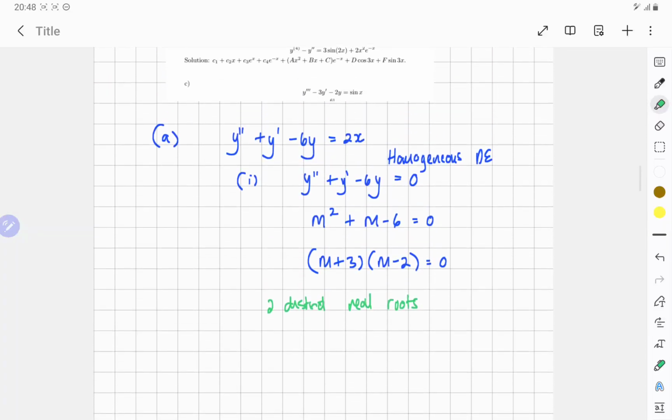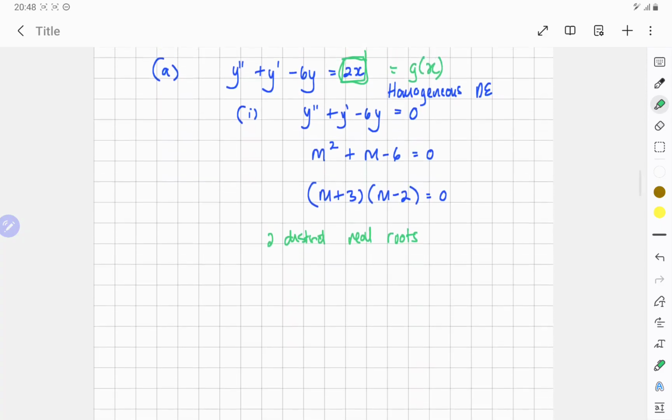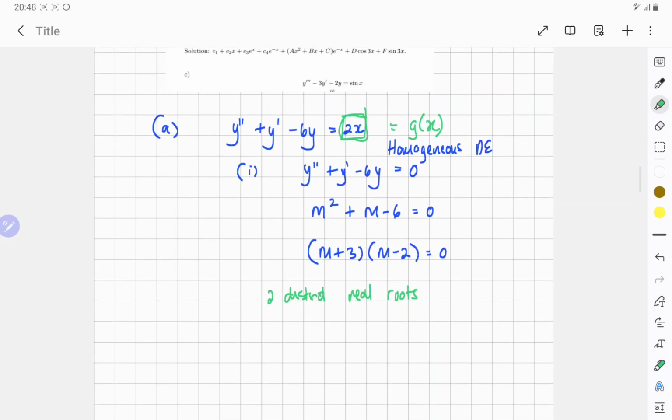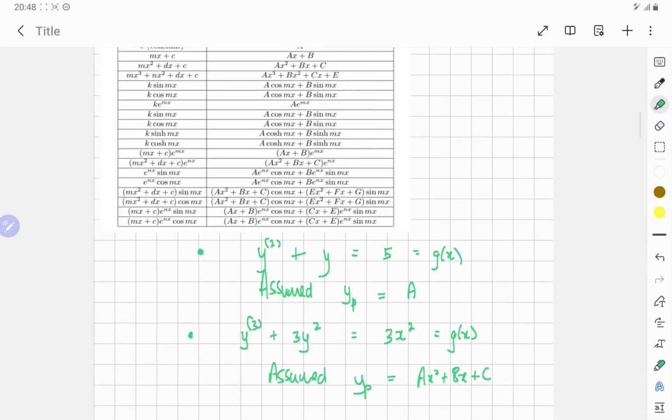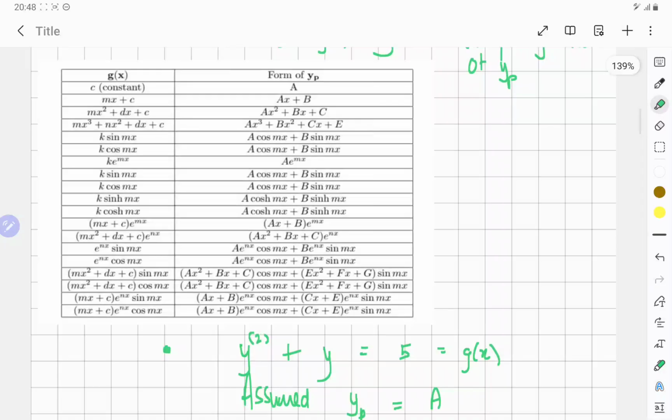Now you go back. So remember I said you look at the form of gx. What do you see here? Gx is a linear equation. Let's go to our table. A linear equation, even though the plus c is not there, it is linear. So what is the corresponding assumed form for y particular?